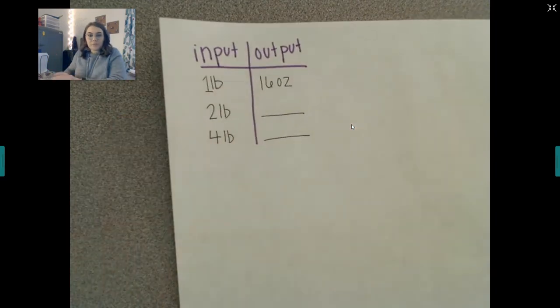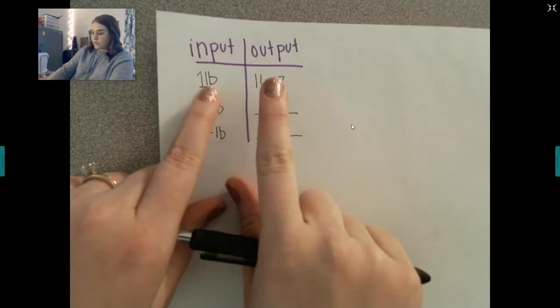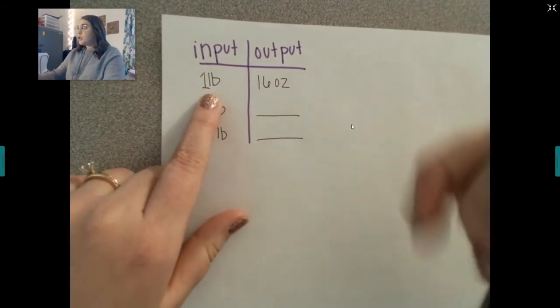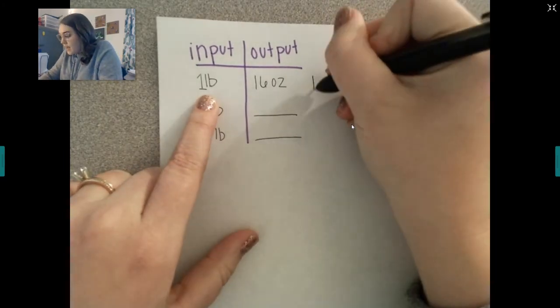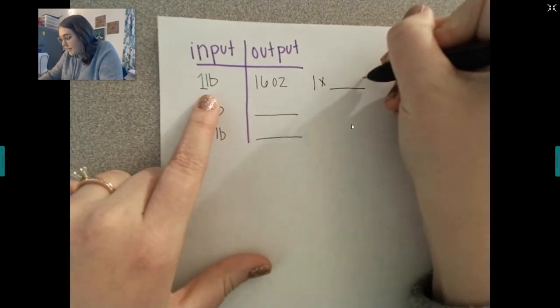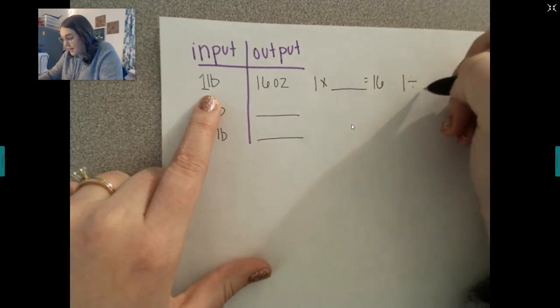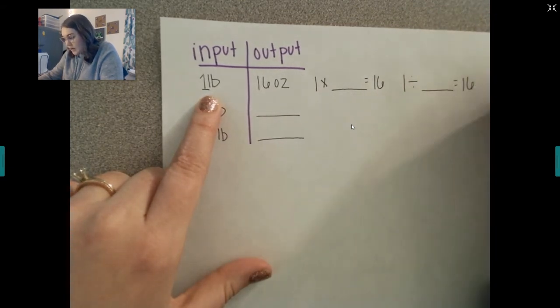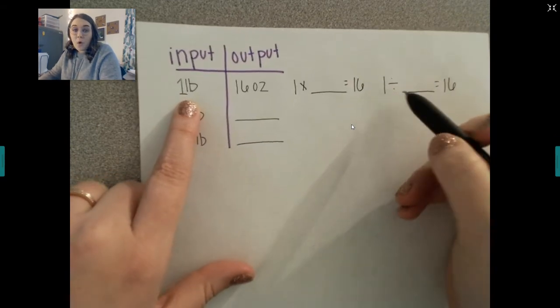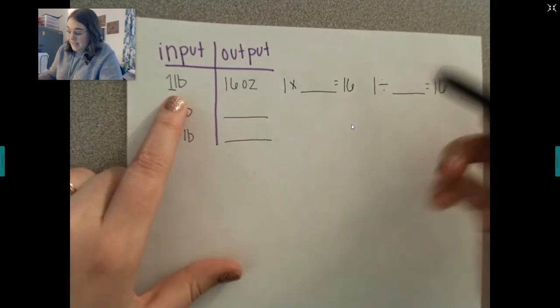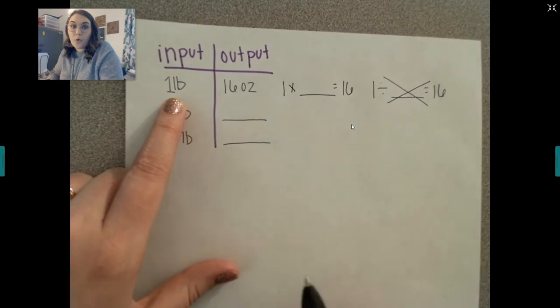Let's figure out our rule. When you're doing this, you're going to try to figure out the relationship between 1 pound and 16 ounces. So you're thinking to yourself, 1 times what equals 16? Or 1 divided by what equals 16? Well, guess what? I can't divide 1 by anything and get 16. So I know that I'm not dividing for my rule.